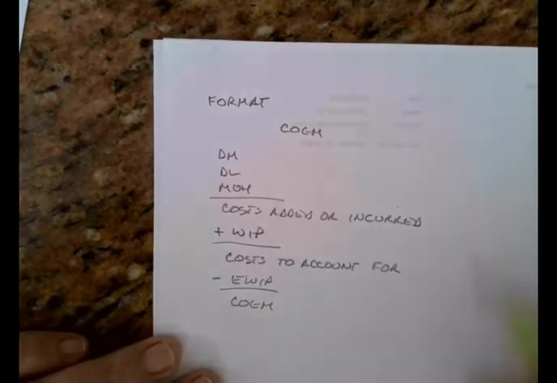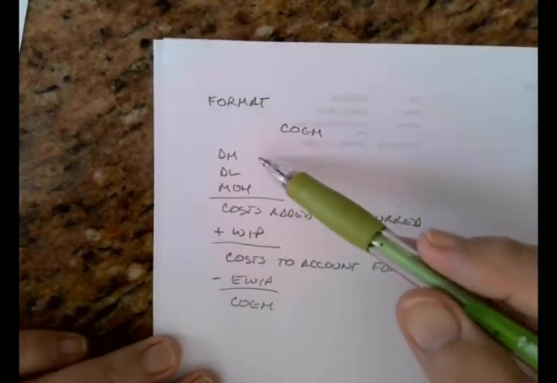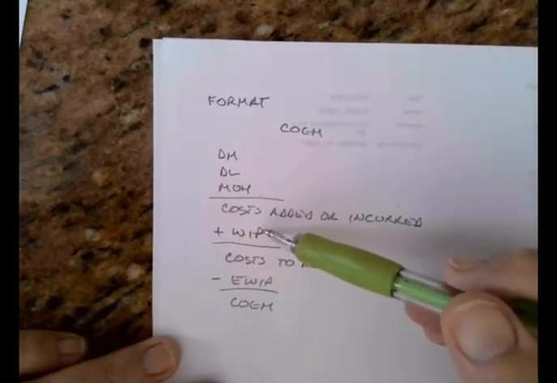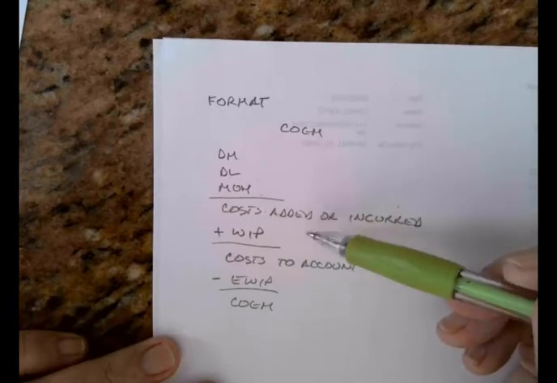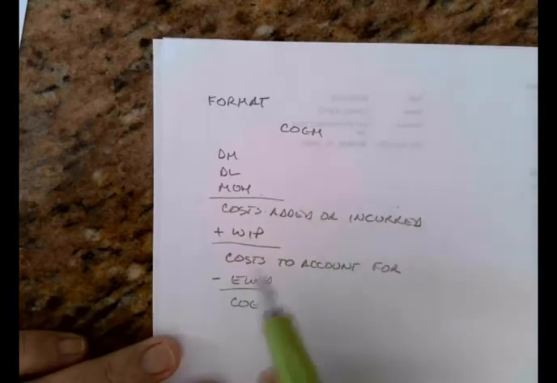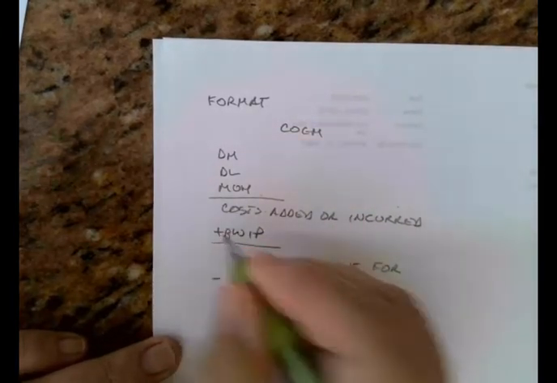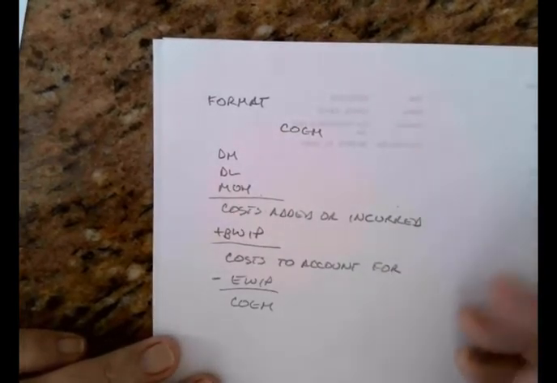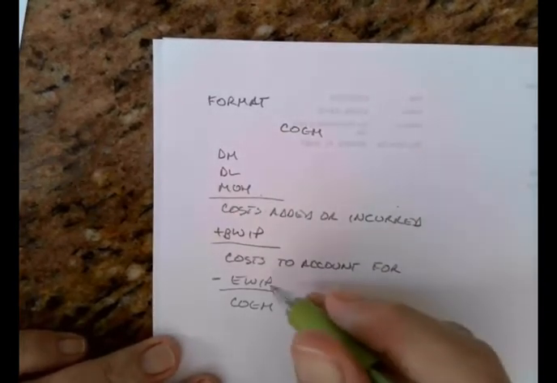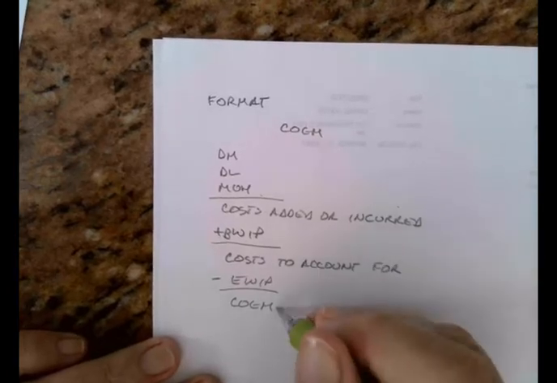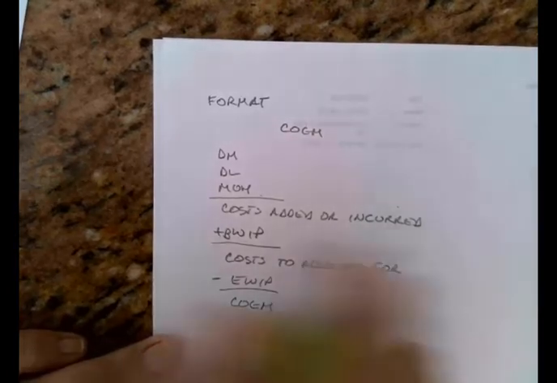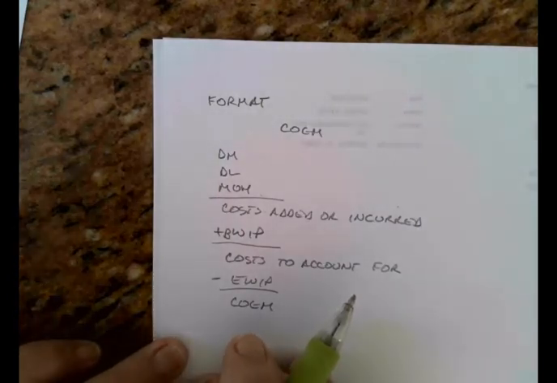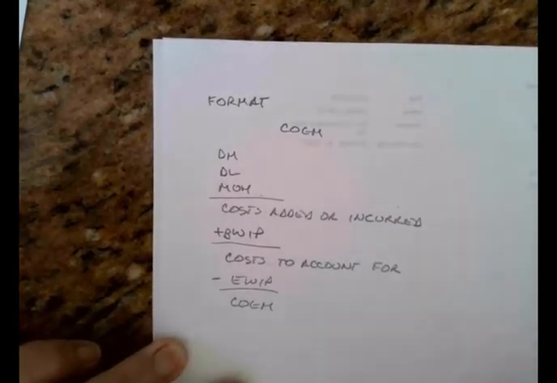So first of all, the costs that you added, direct material, direct labor, and overhead, that's costs added. To that we add our beginning work in process. Let's call that BWIP. So that's what we've got to account for. What happened to all those costs? I'll subtract my ending work in process, and that's cost of goods manufactured. Now, this looks simpler than what's in the textbook because I left off some little sub-formulas, but these are the easy ones.